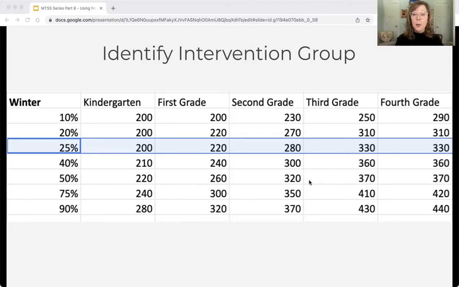So for example, a district that uses the ClassWorks Universal Screener to identify fourth grade students who are at risk for having problems in math will consider all students who scored at or below a 330 on the fall administration of the screener for specific intervention services.